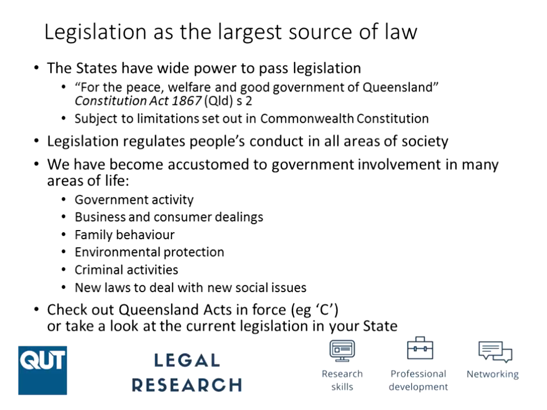It looks after government activity, our business, consumer affairs. We've got family law, everything that relates to family activities, environmental protection, and if something goes wrong, obviously the legislation is really important. The criminal code, all of that area. And then as society deals with new issues, new laws may be introduced. We'll look at an example of that on the way through.